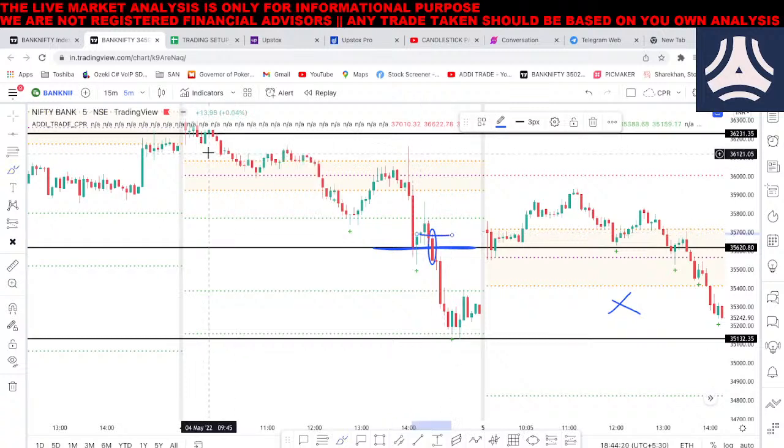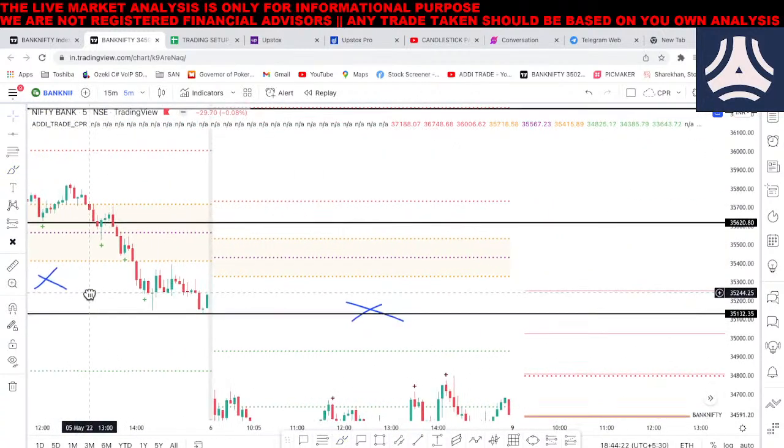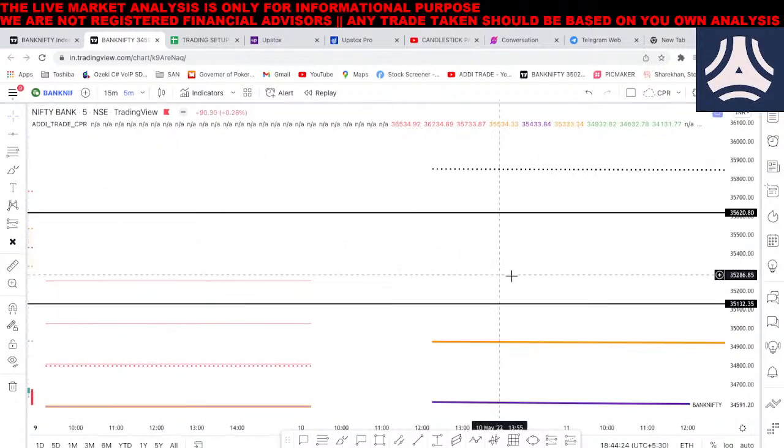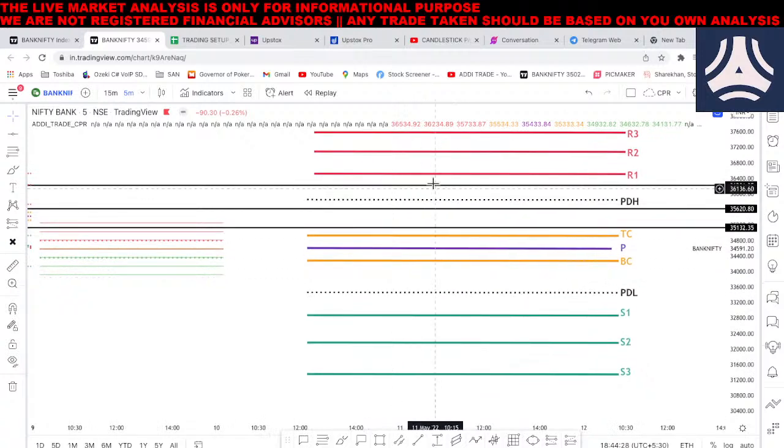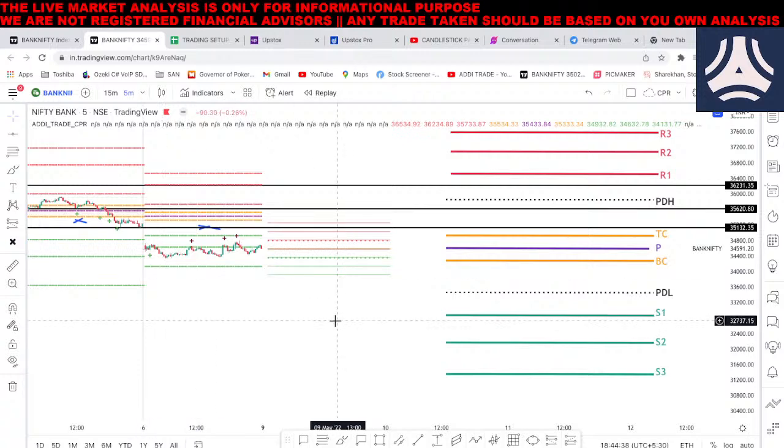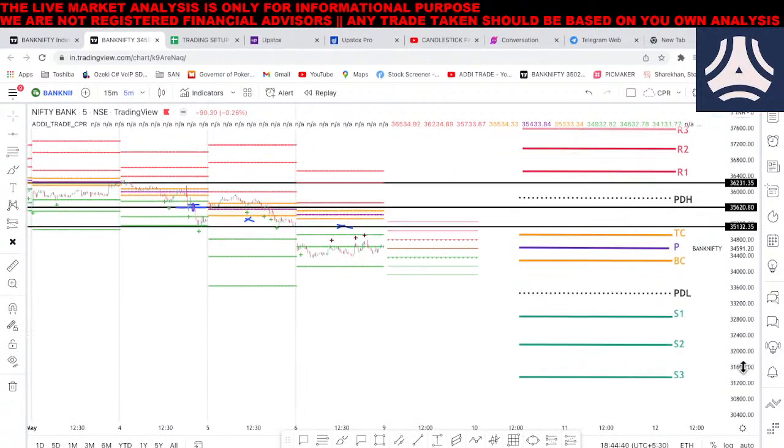See, whenever we can use any one of these pivot levels as stop loss, we will have to use it. In CPR we have these levels, right? R1, previous day high, CPR. So whenever we can use R1 or R2 or the previous day high, previous day low as stop loss, we can and we should.